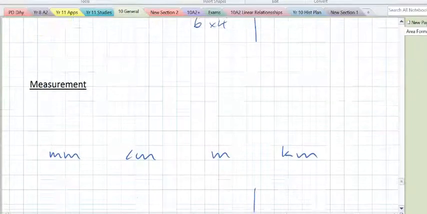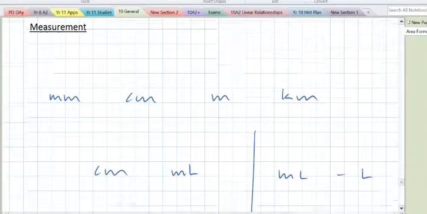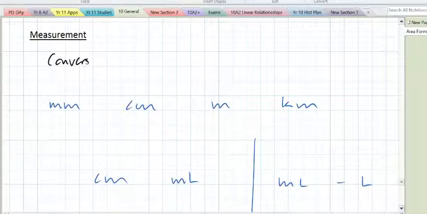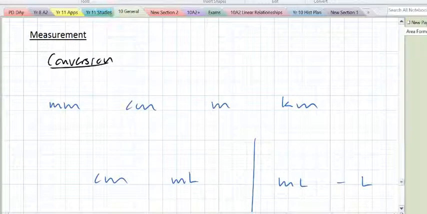All right. I'm sorry, we do have to go on because we're running short of time. Measurement conversion. 10, 100, 1,000. When we go from millimeters to centimeters, what do we do? Divide by 10.